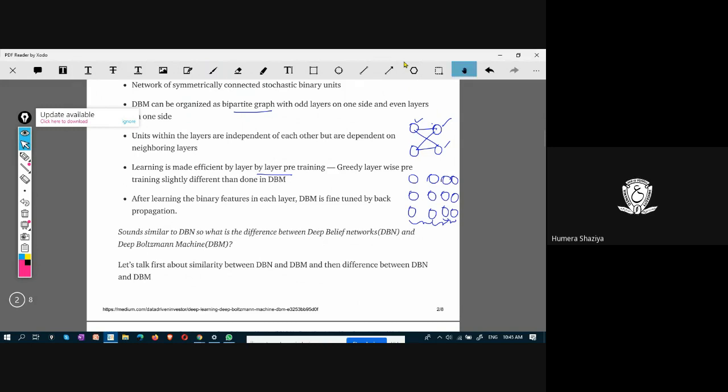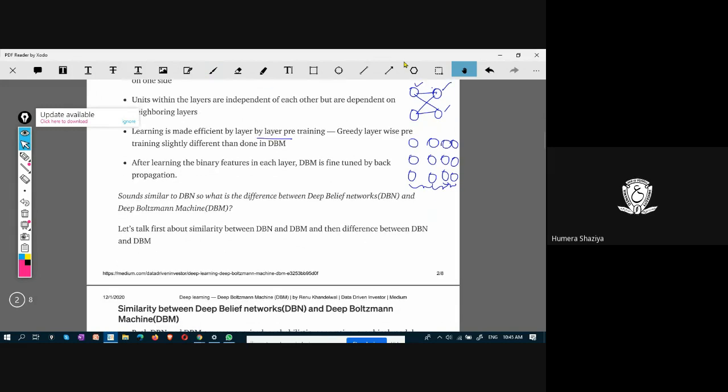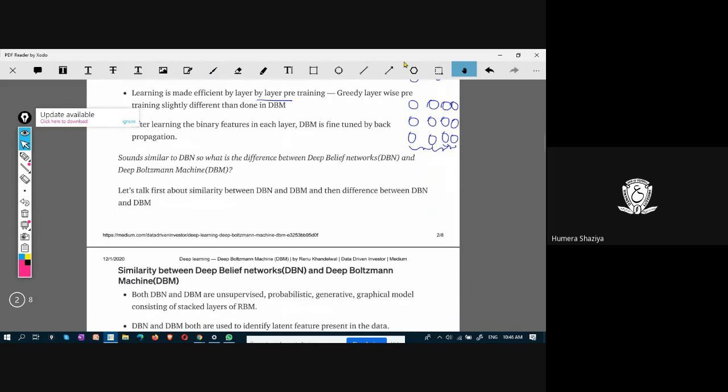Like that, you perform the training. After learning the binary features in each layer, DBM is fine-tuned by backpropagation. This also functions in two phases, forward phase and backward phase. In the backward phase, the backpropagation algorithm is implemented for the model to learn.